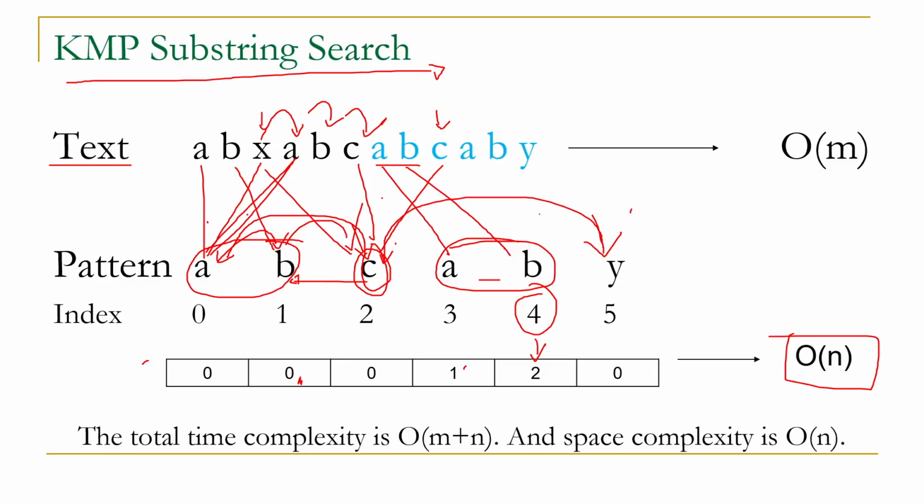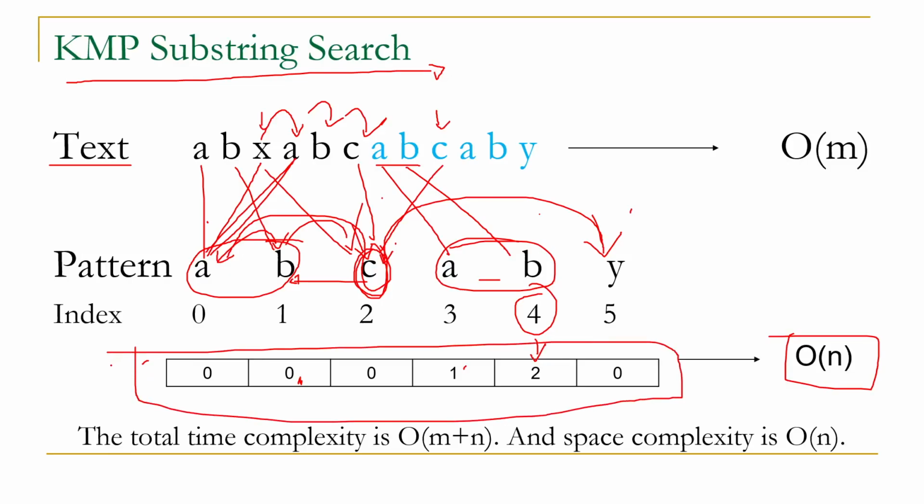So we can't start from the starting index because this is the repetition. This is the most efficient array, which is helping us to find the pattern in this text more efficiently.